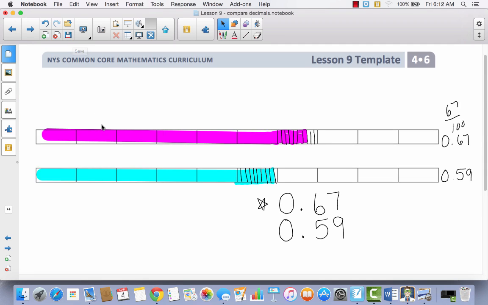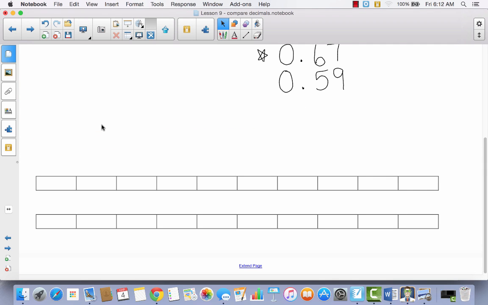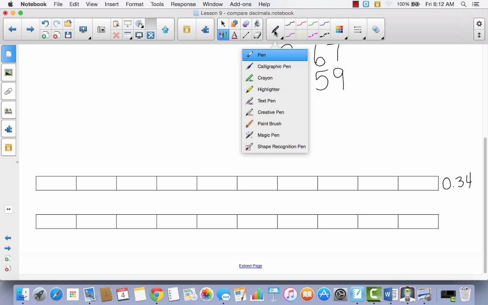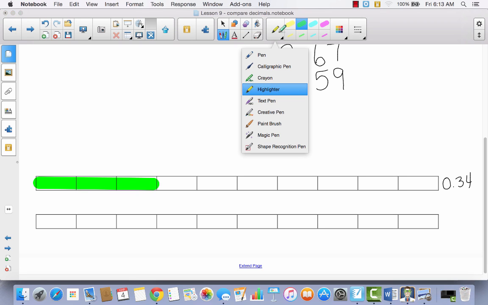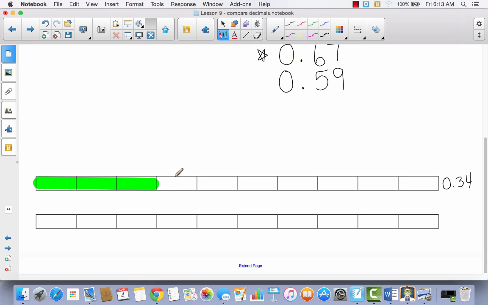Let's scroll down to the bottom here, and we're going to do 34 hundredths. I'm going to go ahead and write 34 hundredths as a decimal down here so that I don't forget when I'm shading. So 34 hundredths. Let's find a highlighter. I'm going to shade 34. So this would be 10, 20, 30, and then in order to do 4, I'm going to have to come back and divide this into 10 parts.